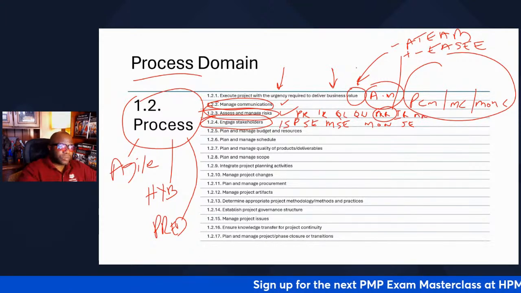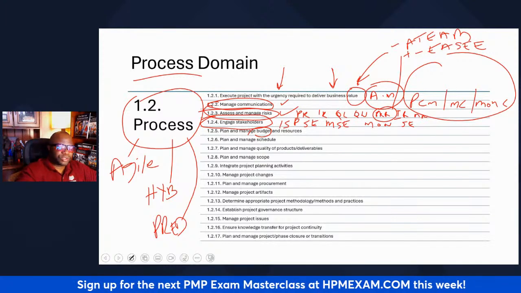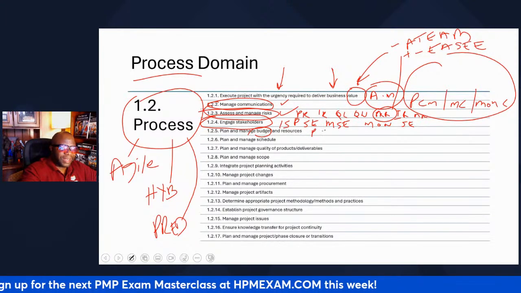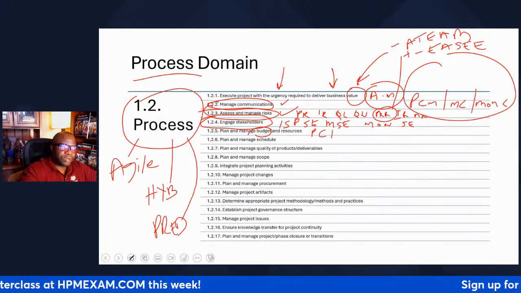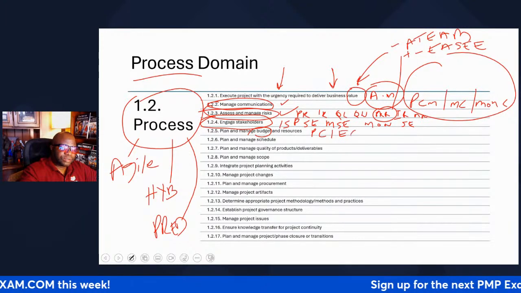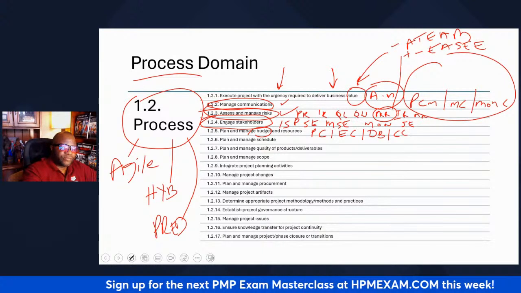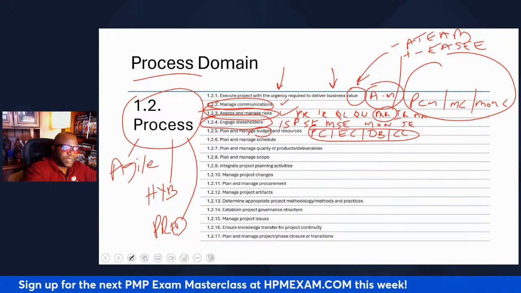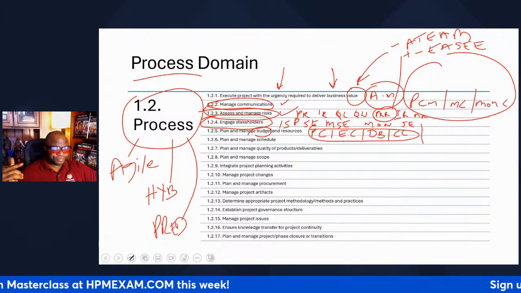So, in the budget realm, the 4 things PMI wants you to do: you got to plan cost management, you got to estimate cost, you got to determine the budget, and you got to control cost. 4 things in cost management. That's for budget. Now, for resources, there's 6 things.